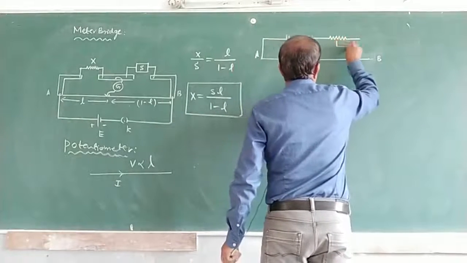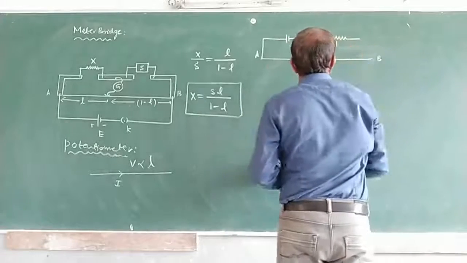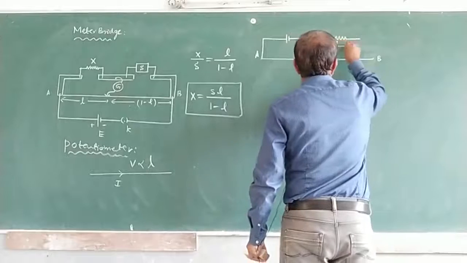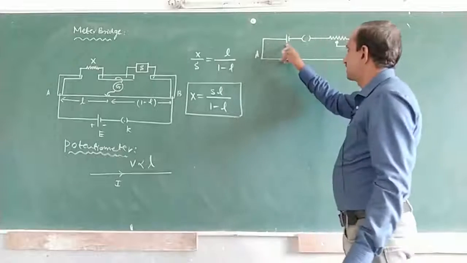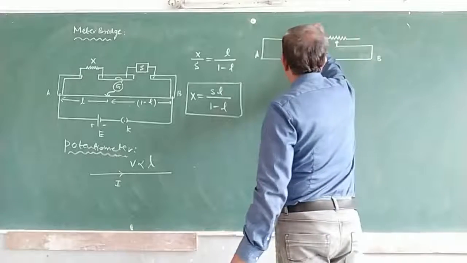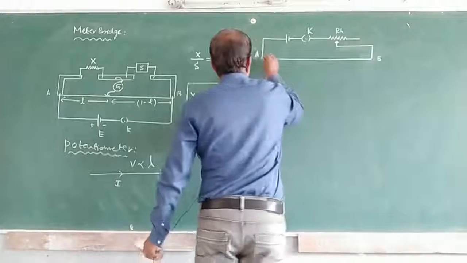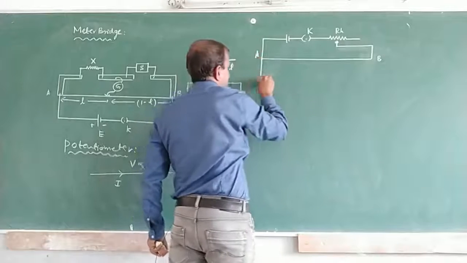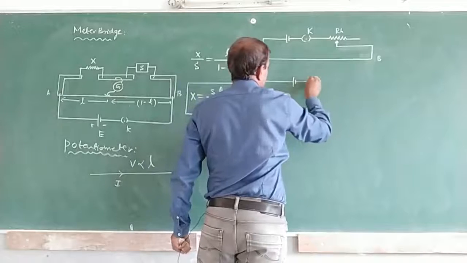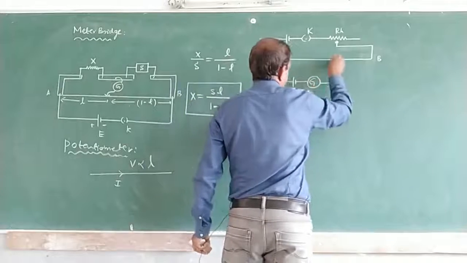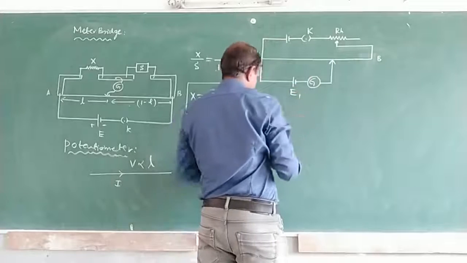The terminal B of the potentiometer wire is connected to the rheostat and the terminal A is connected to the cell and the plug key K. This is the rheostat. Below the wire, a cell of EMF E is connected through a galvanometer. Again the galvanometer is connected to a pointer. This is a cell of EMF E.